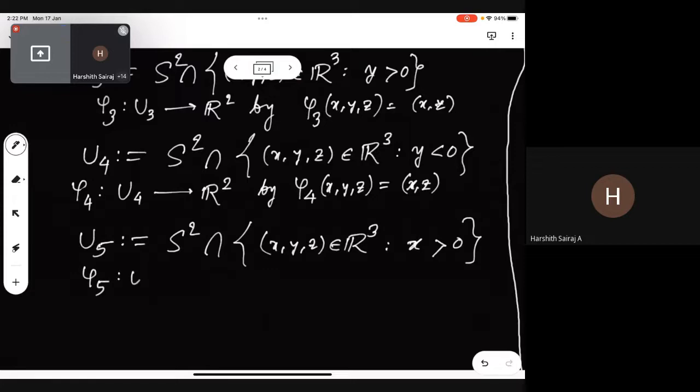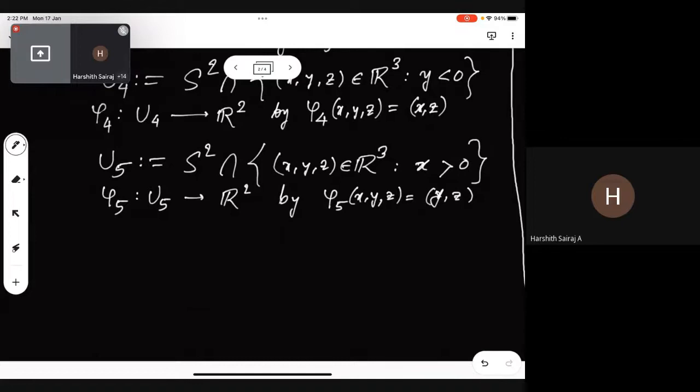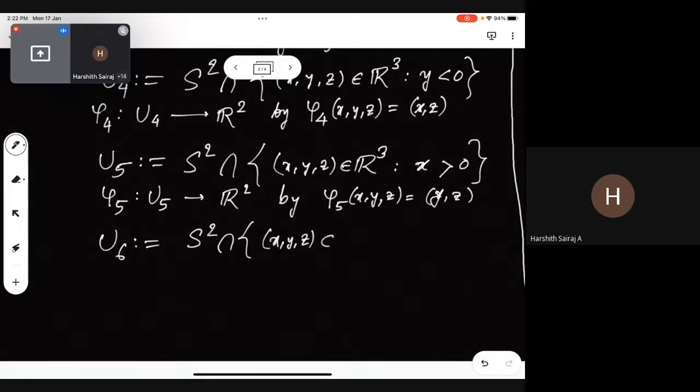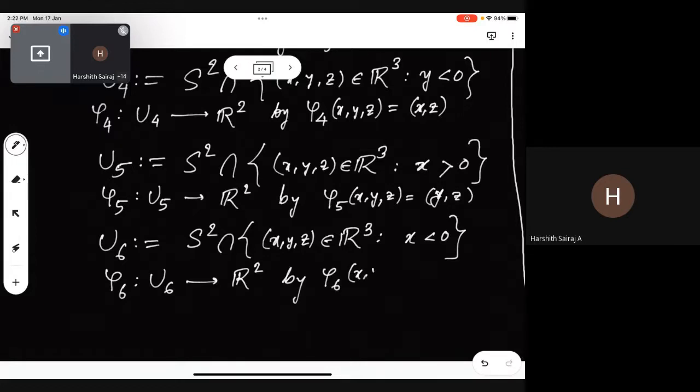Phi5 from U5 to R2 by phi5(x, y, z) is (y, z). And U6 is S2 intersection {(x, y, z) in R3 such that x is less than 0}. Phi6 from U6 to R2 is defined by phi6(x, y, z) is equal to (y, z).